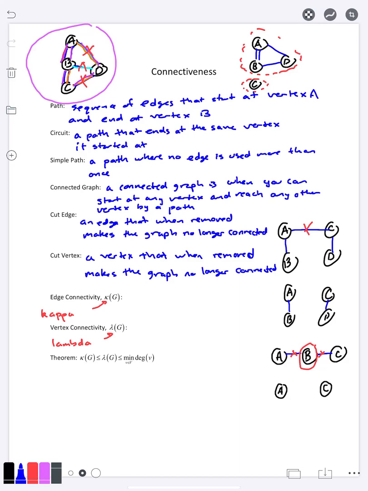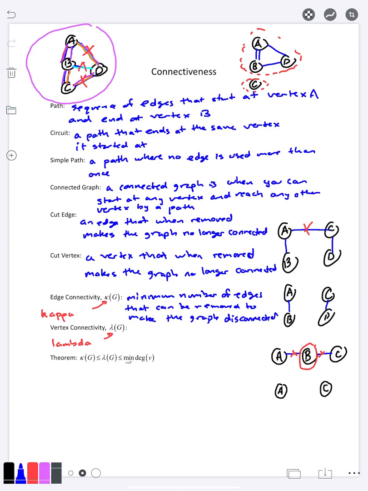So the idea for edge connectivity is, this is the minimum number of edges that can be removed to make the graph disconnected.